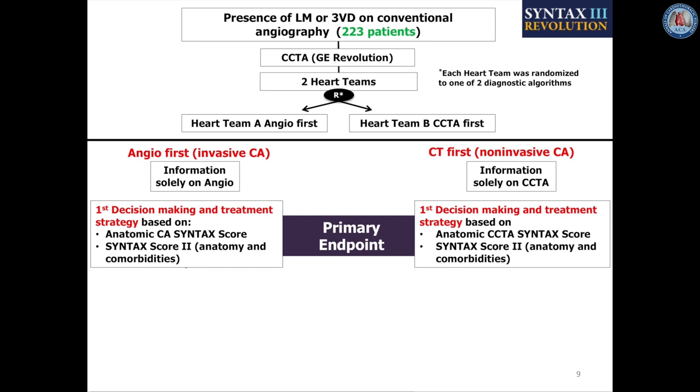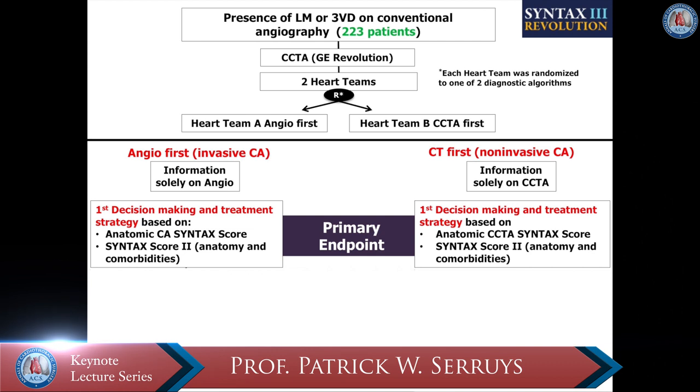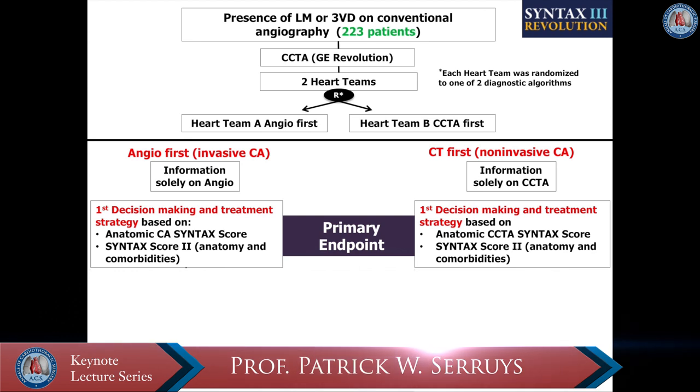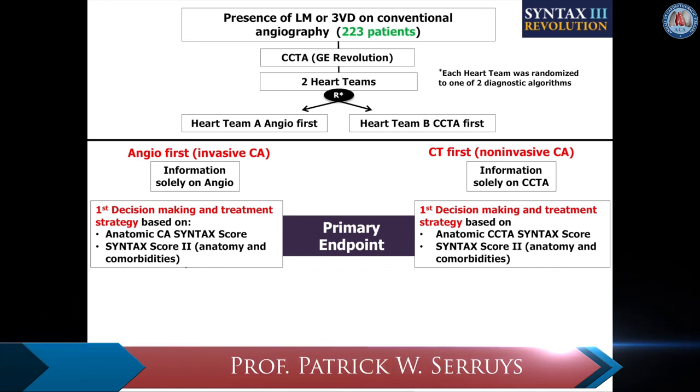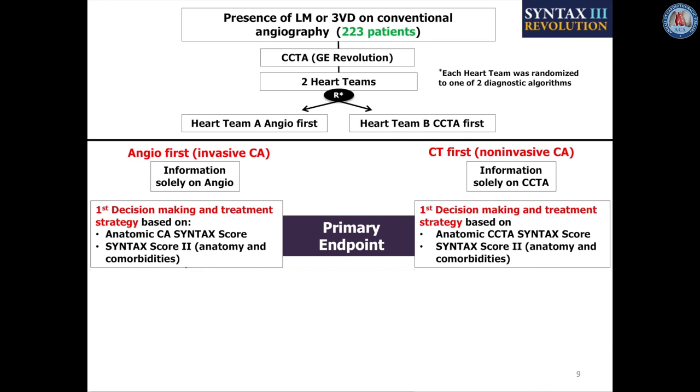The primary endpoint of the study was the agreement on the treatment decision and the treatment strategy between the heart team receiving the multi-slice CT scan and the heart team receiving only the conventional cine angiography.